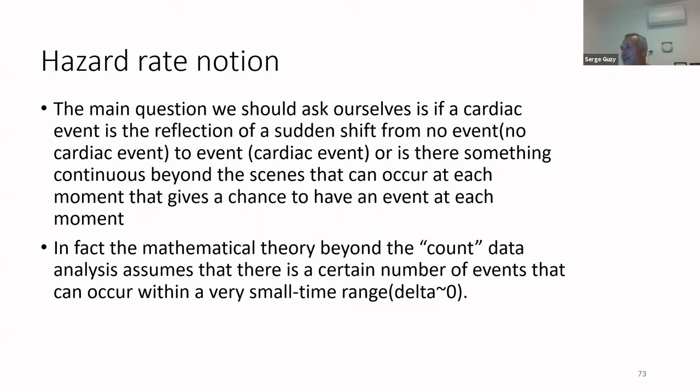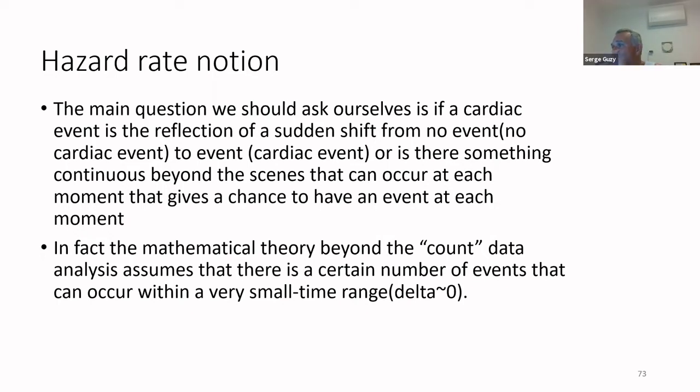Basically, what's happening is that suddenly I'm shifting from no cardiac event to a cardiac event, or maybe there's an underlying process that is continuous, that's happening, and this is called the hazard rate. In other words, the hazard rate notion tells you that every second, there's a certain probability to get an event.